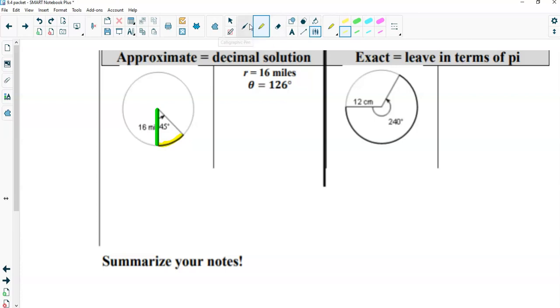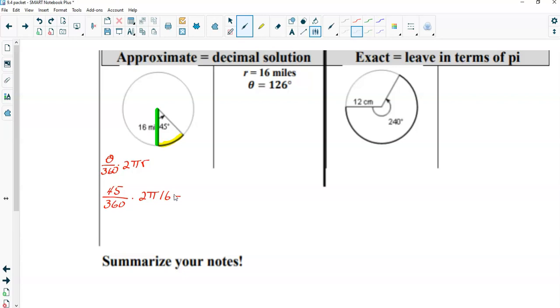All right, so we could use the formula, theta divided by 360 times 2 pi r. Well, here we go. So 45 divided by 360 times 2 pi 16. You could put this on the calculator.